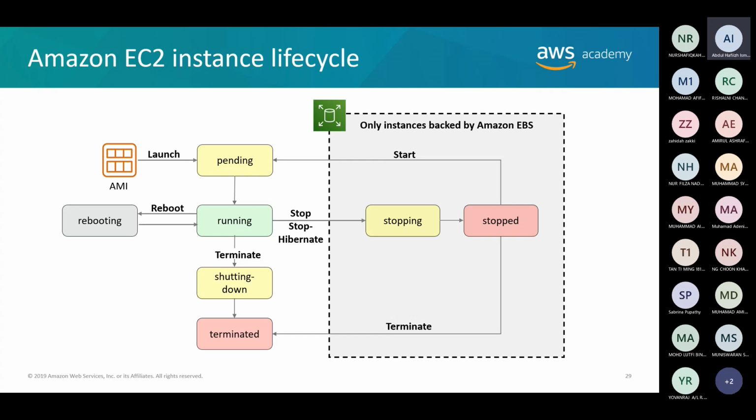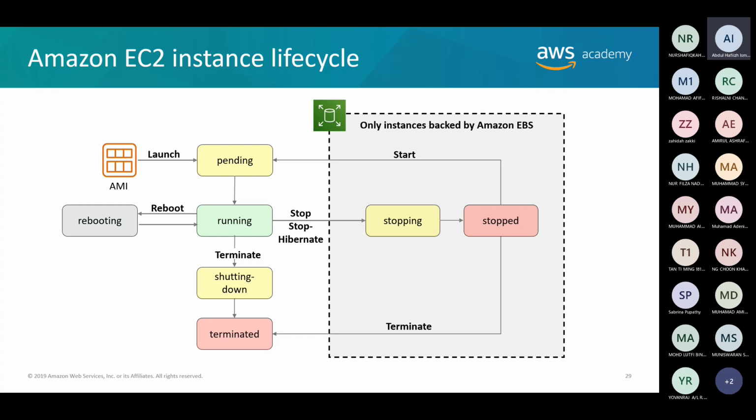So here you see the life cycle of an instance. The arrow shows actions that you can take, and the box shows the state that the instance will enter after that action. An instance can be in one of the following states: pending. Kita AMI launch, pending.